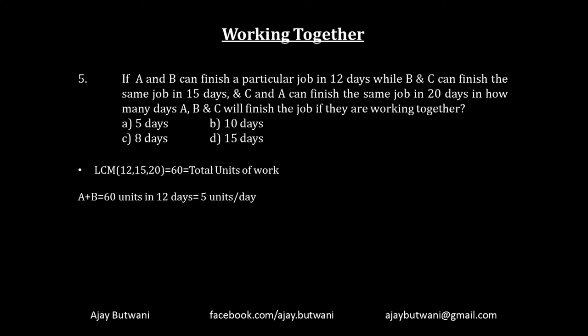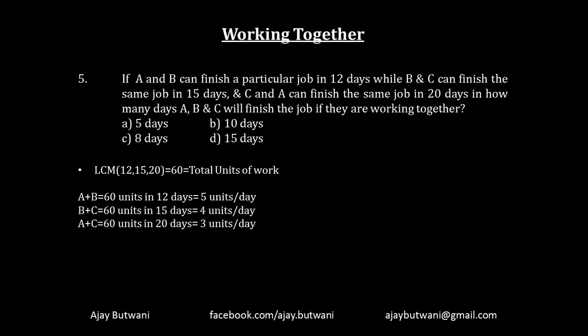A and B can do 60 units in 12 days, that means 5 units per day. B and C, 60 units in 15 days, that is 4 units per day. A and C, 60 units in 20 days, that means 3 units per day.